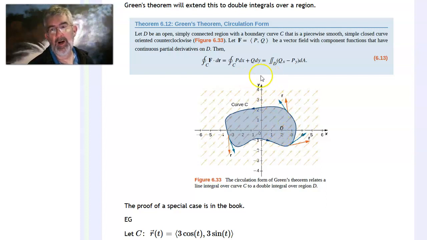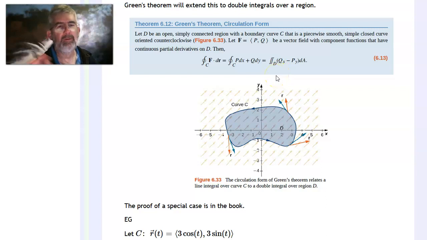The proof of this theorem, I always like when books do this, is beyond the scope of this book. Our textbook does do the case when the region is a rectangle; this picture is just pulled right out of the textbook there. They show with a rectangle that this integral is indeed equal to that. Okay.